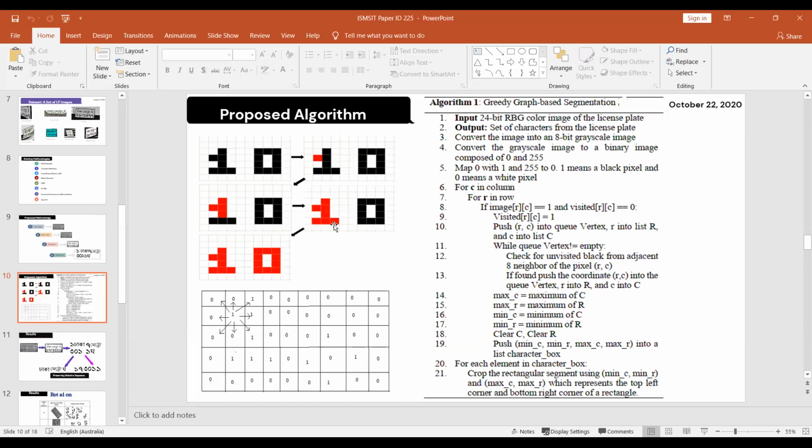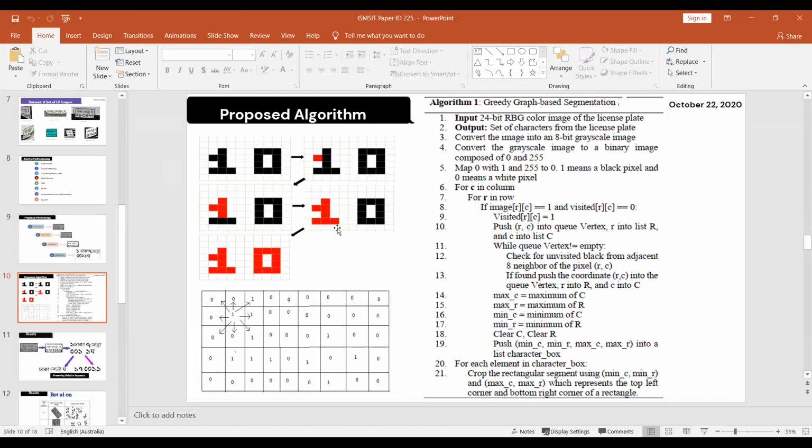From those 2 arrays, we'll get the minimum row and minimum column, which will represent the upper left corner of a segment, and then the maximum row and maximum column, which will represent the bottom right corner of a character or segment.